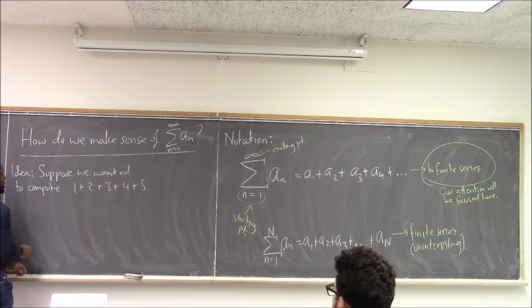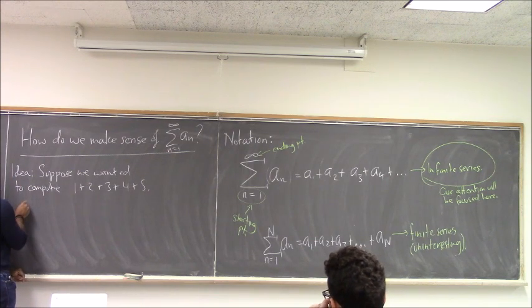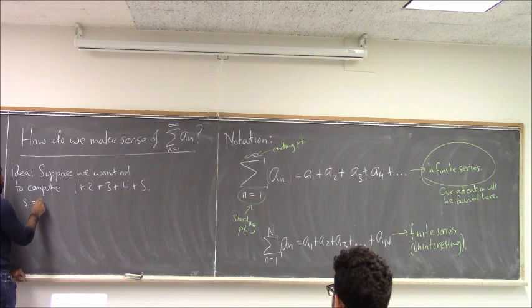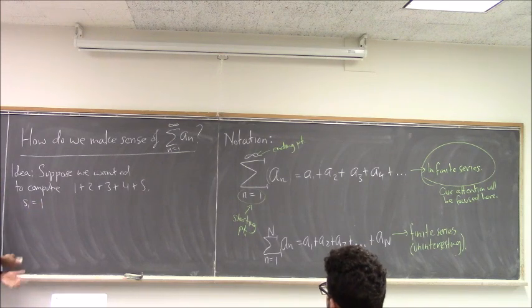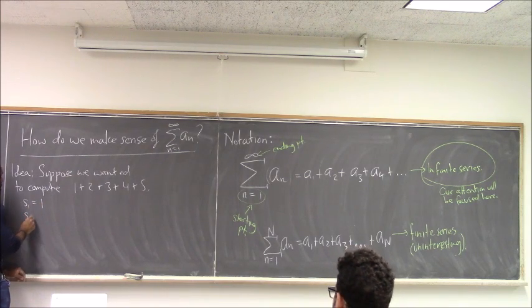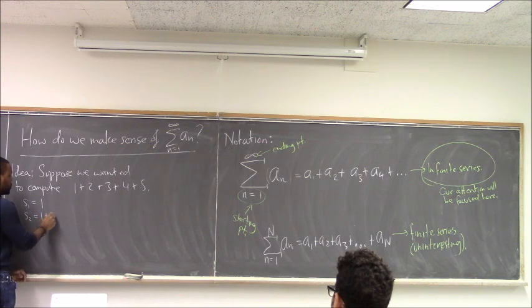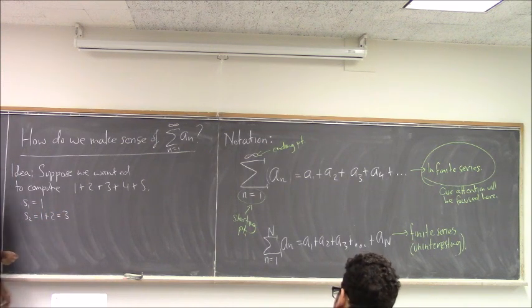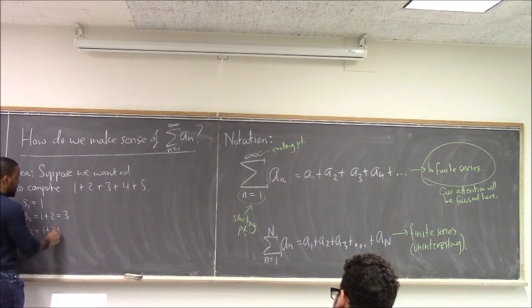So, you'll first consider, let's say, S1, which is 1, right? That's the first guy. Then you'll talk about the second guy, which is 1 plus 2, and you'll end up with 3. And then you'll talk about the third sum, the sum of the first 3.